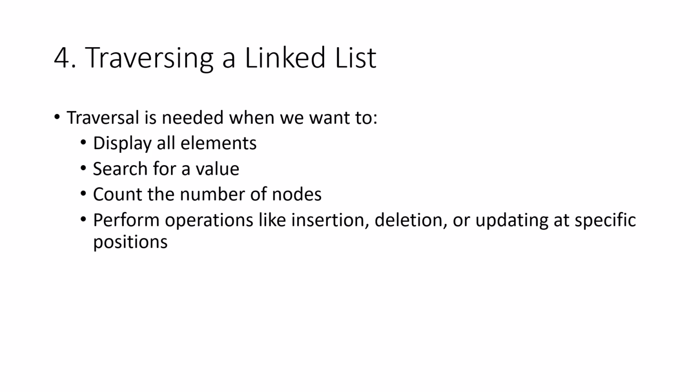First, traversal is needed to display all elements. Second, we use traversal to search for a value. Third, traversal helps to count the number of nodes. Finally, traversal is required for operations like insertion, deletion, or updating at specific positions.